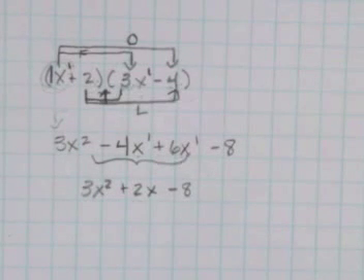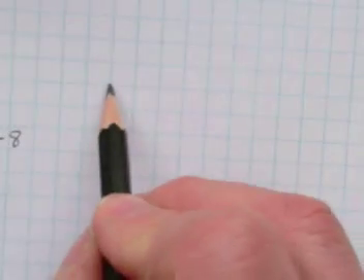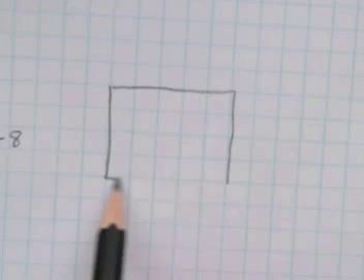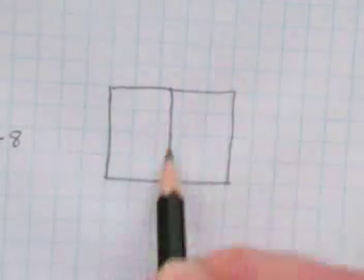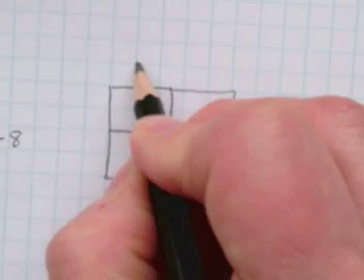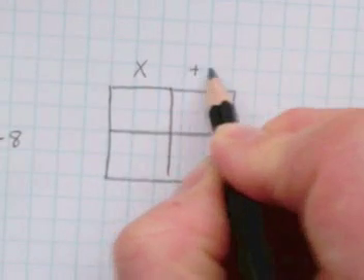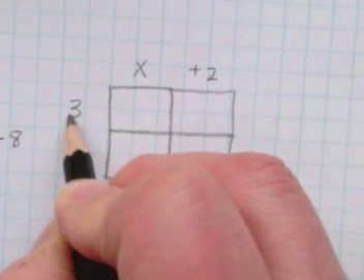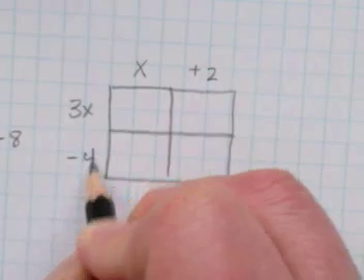So when we have a binomial times a binomial, we can use the FOIL process, or we can use the box process, which some students prefer. When we use the box, we're thinking conceptually of area, and I'm multiplying the length, x plus 2, times the width, 3x minus 4.